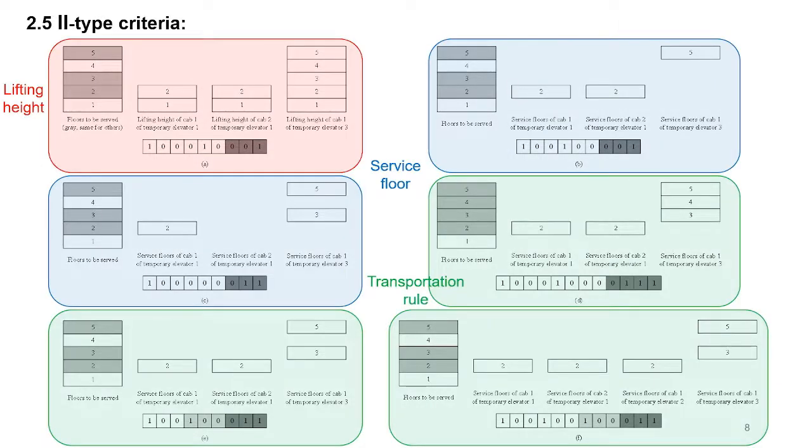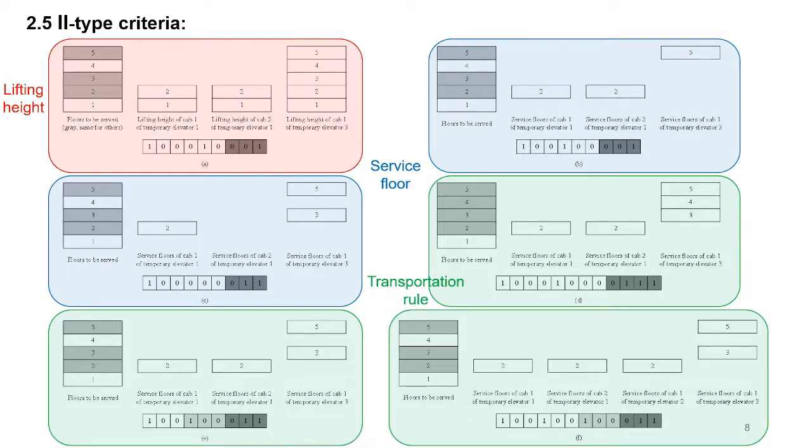The two-type criteria are divided into 3 categories, namely lifting height, service day, and transportation rule. For example, the category lifting height means that the lifting height of a temporary elevator cage is not lower than the height of the floor it serves.